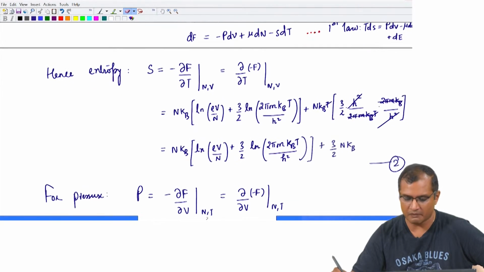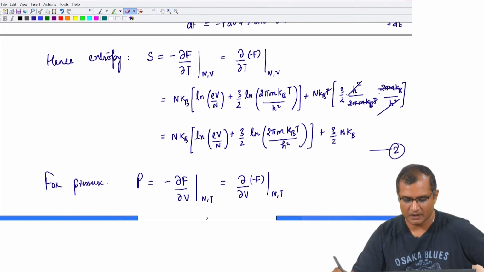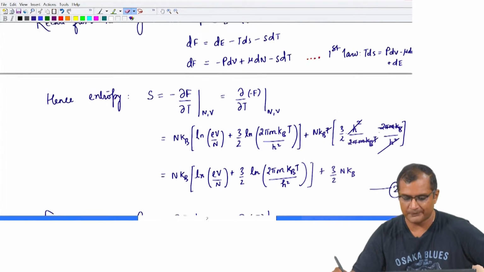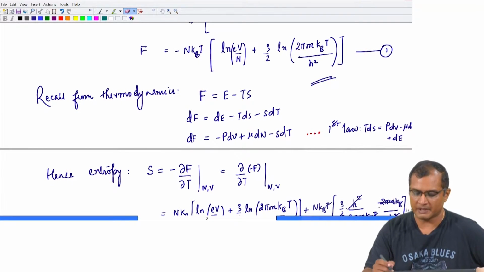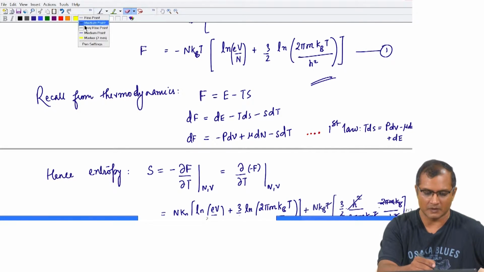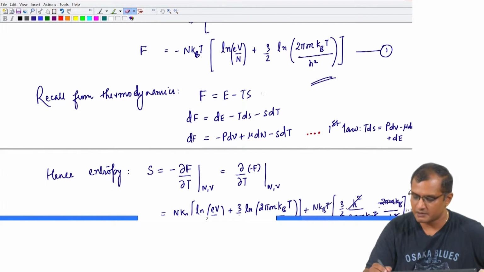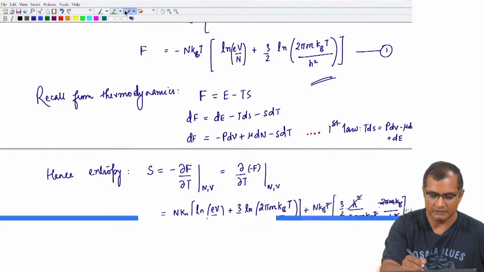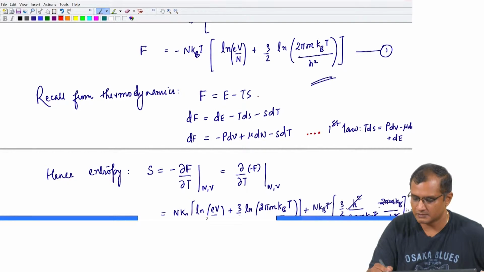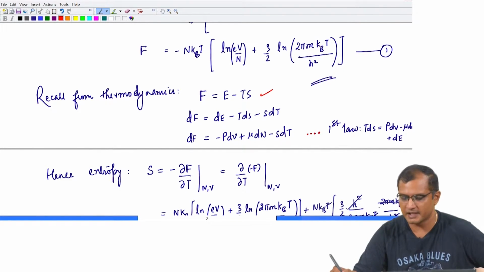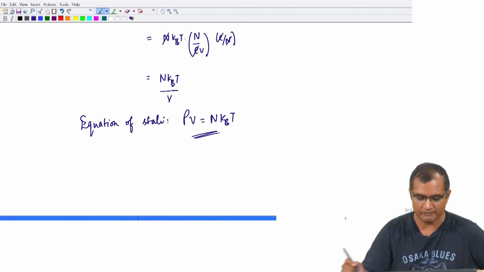One way, which is the easier way, is to basically use the thermodynamic law that connects free energy with internal energy. So, you can write down the internal energy as F plus TS.